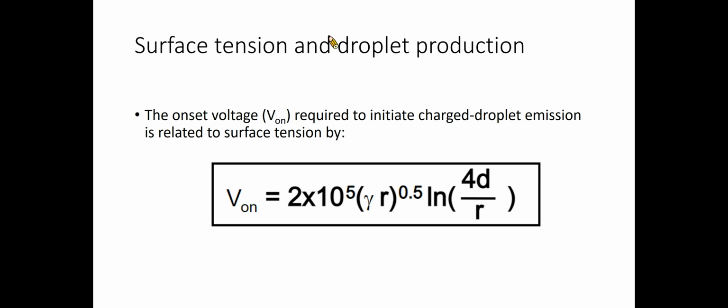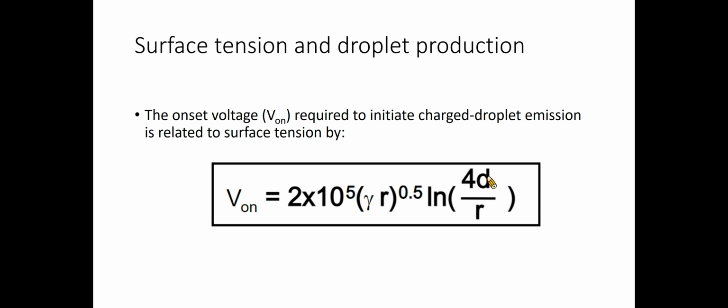The cone instability is profoundly influenced by the surface tension of the fluid. Therefore, the onset voltage required to initiate the charged droplet emission can be described by the surface tension of the fluid, the inner diameter of the spraying nozzle, and the distance between the spraying nozzle and the capillary transfer tube.